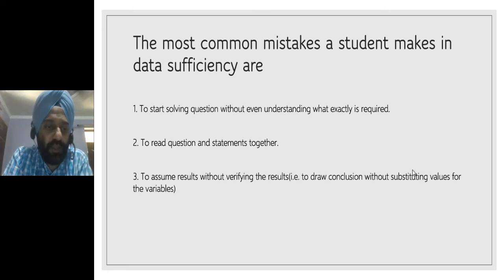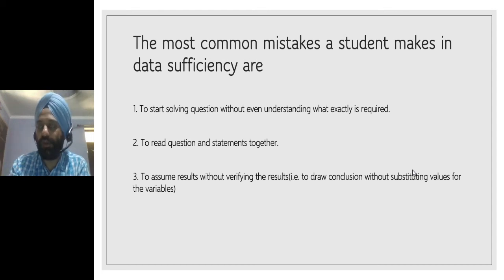Next, you would have seen that in these quant questions you have certain variables where you have to plug in values for those variables and derive the results. What I have seen is that students derive the results without even verifying. When I say verifying, they don't put in the values to check whether what they are thinking is correct or not.